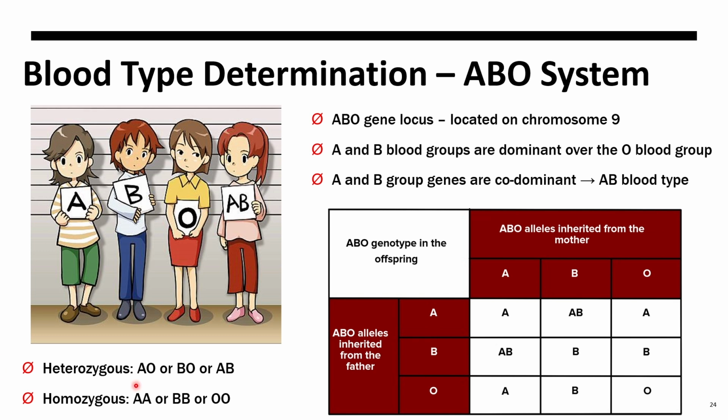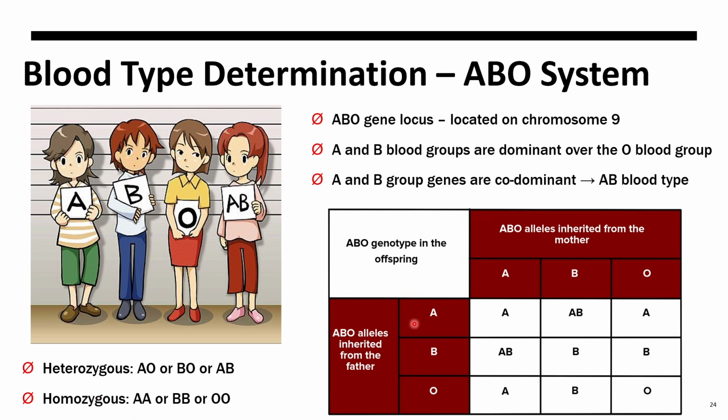If you look here, this is a genotype. And the phenotype of this is blood group A. So when the 2 letters or 2 alleles of your gene are 2 different letters, we usually call it heterozygous. If it is the same letter, we call it homozygous. Remember these 2 terms because we will use them in the future.